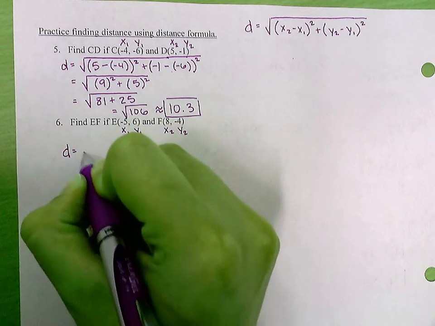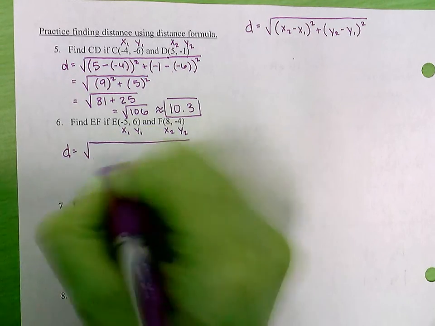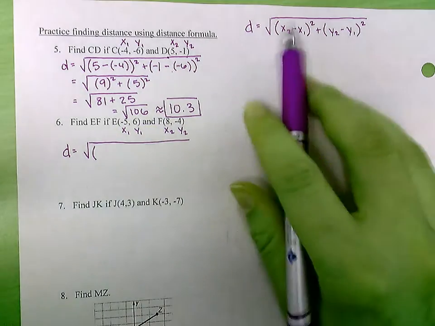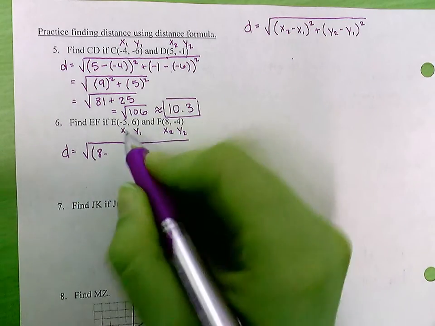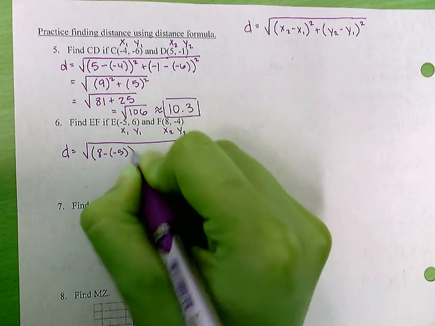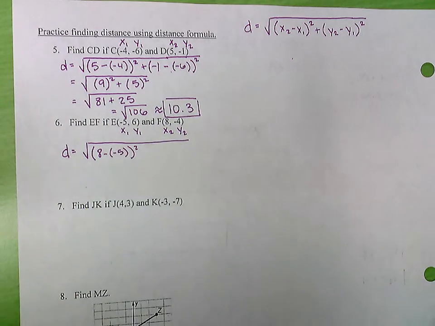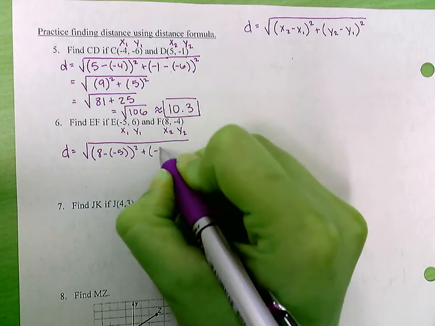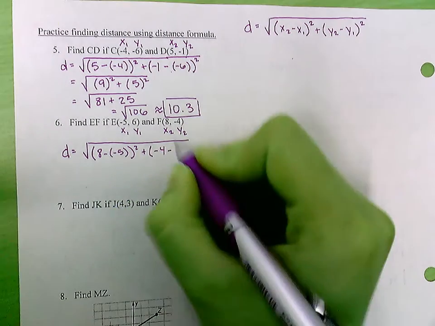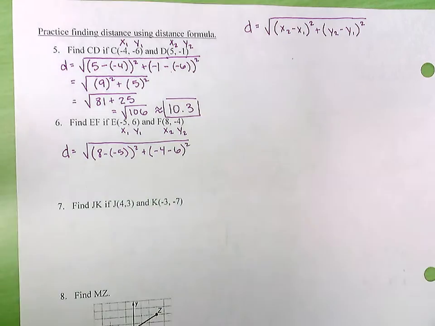So our distance is equal to that square root of x sub 2 is 8 minus x sub 1 is negative 5. That quantity is squared. Plus y sub 2 is negative 4 minus y sub 1 is 6. That quantity is squared.